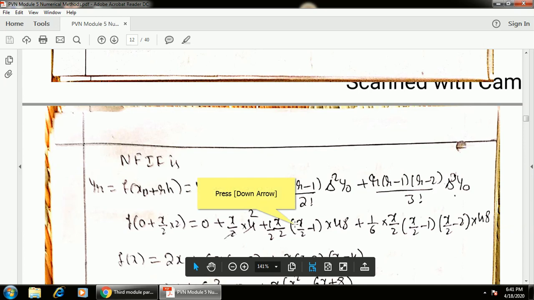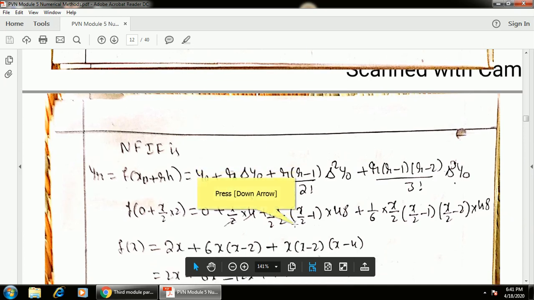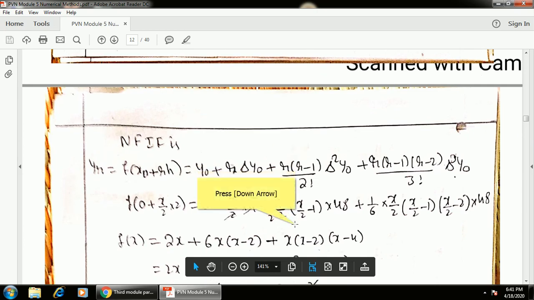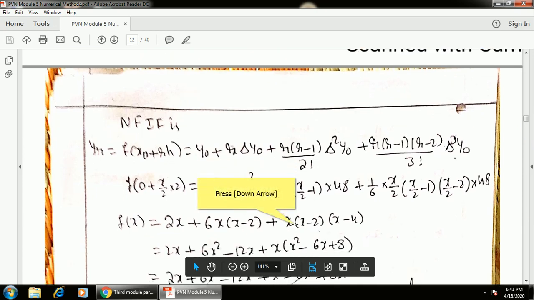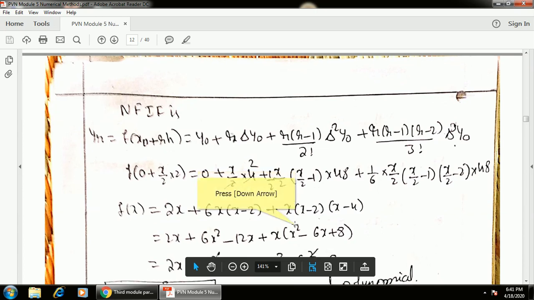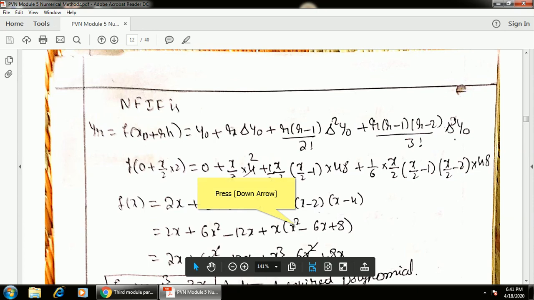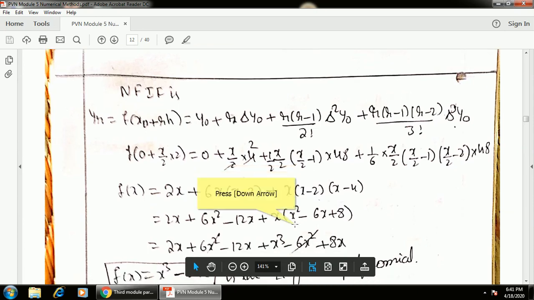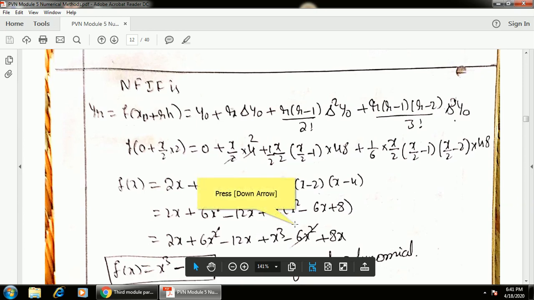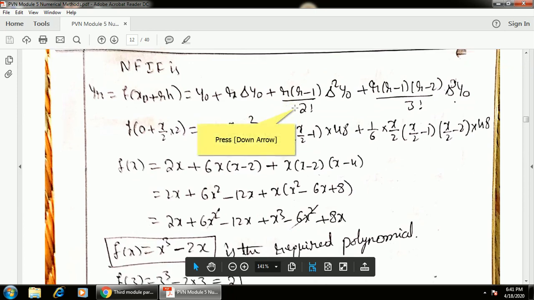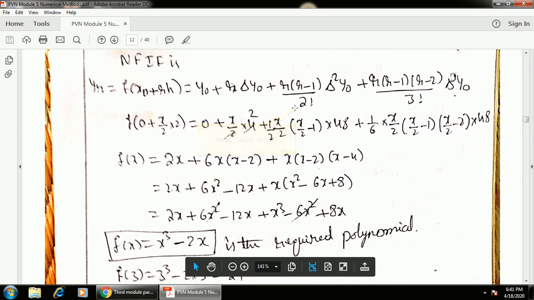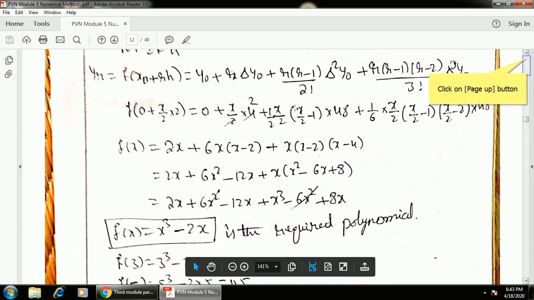Newton's forward interpolation formula is y r is equal to f of x naught plus rh, that is equal to y naught plus r into delta y naught plus r into r minus 1 by 2 factorial into delta square y naught plus r into r minus 1 into r minus 2 by 3 factorial into delta cube y naught.